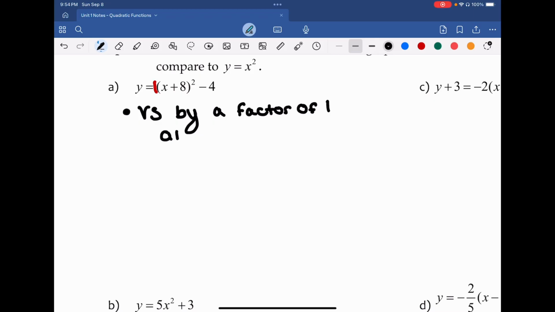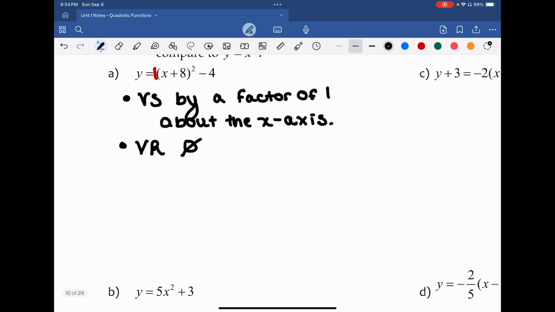About the x-axis. When it comes to the stretch, well, there's just simply no, or not the stretch, but the vertical reflection, which I'm going to call VR, there is just none. So I'm going to put a circle with a line through it because we do not reflect. When it comes to the translations, let's do the horizontal first.